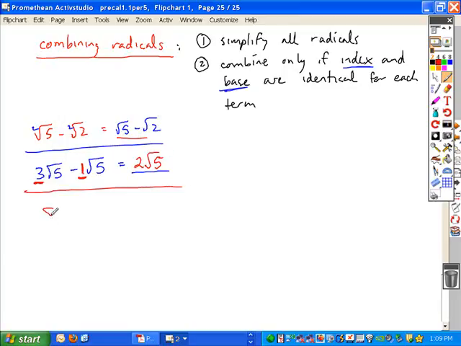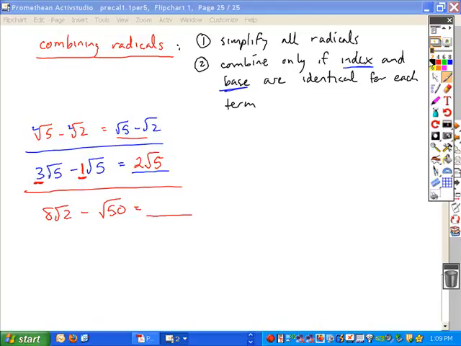And what about this one? 8 root 2 minus root 50. Can you combine these? Are they the same index and base? Not in this form, but what if you simplify all the radicals first? 8 root 2 doesn't simplify any further, but are there any perfect square factors you can remove from 50? 25.